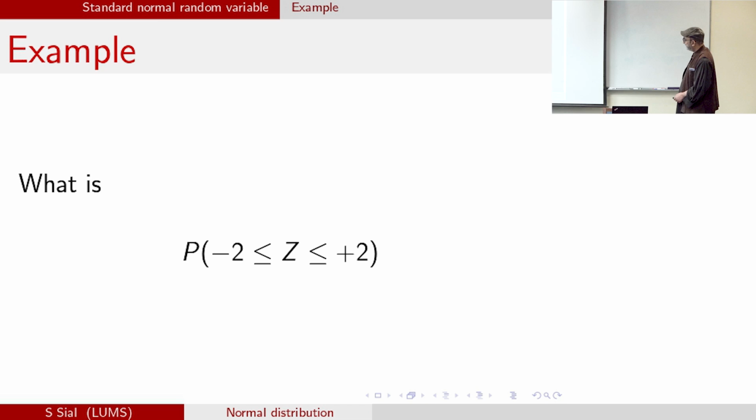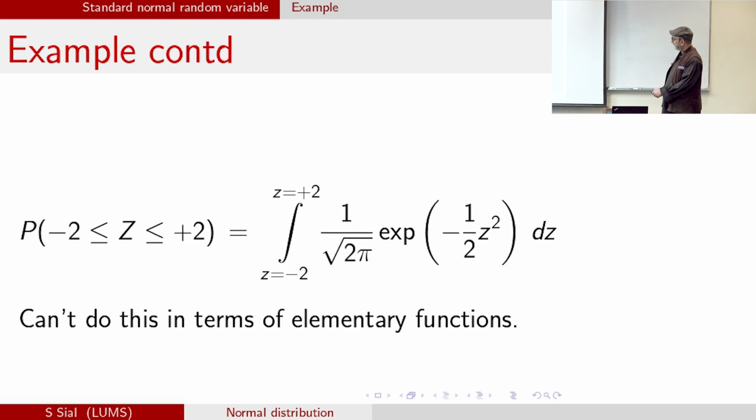All right, so let's say that for the standard normal, I want the probability that z lies between minus 2 and plus 2. What do I need to do? I need to integrate from z equals minus 2 to plus 2 the PDF for z.